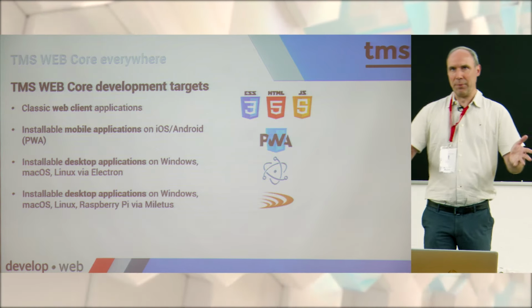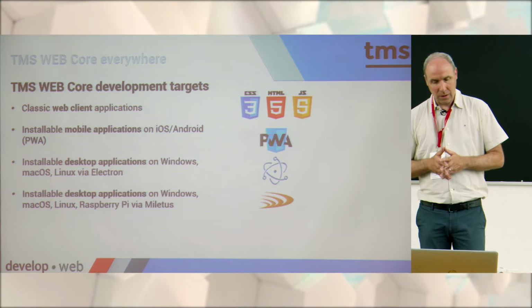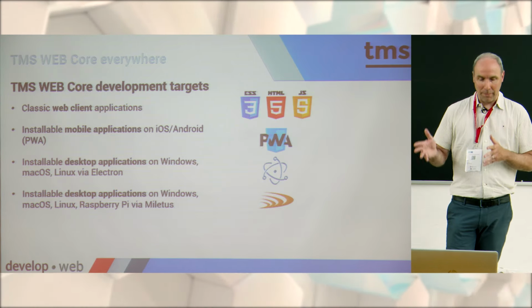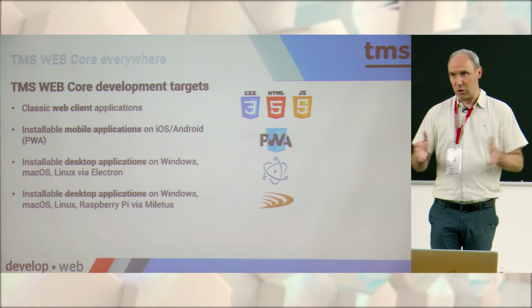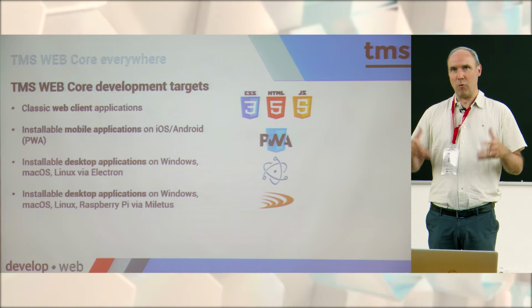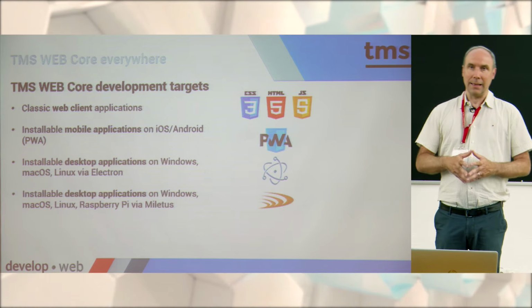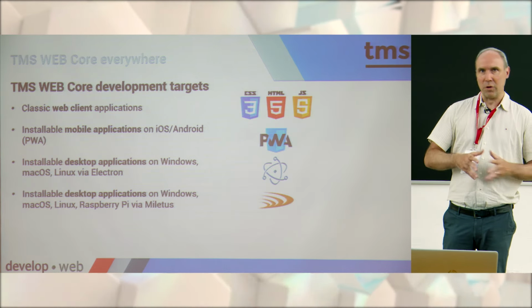A next step is the ability to create what we call progressive web applications. But that's also not a name that we invented. Progressive web applications is a set of requirements that Google is a driving force behind.